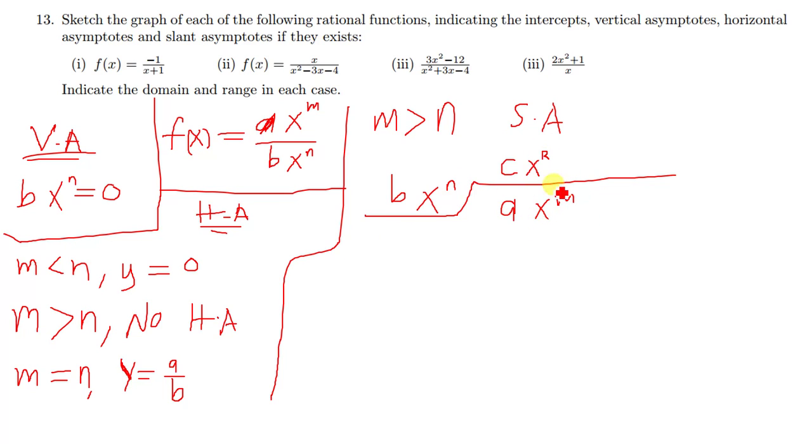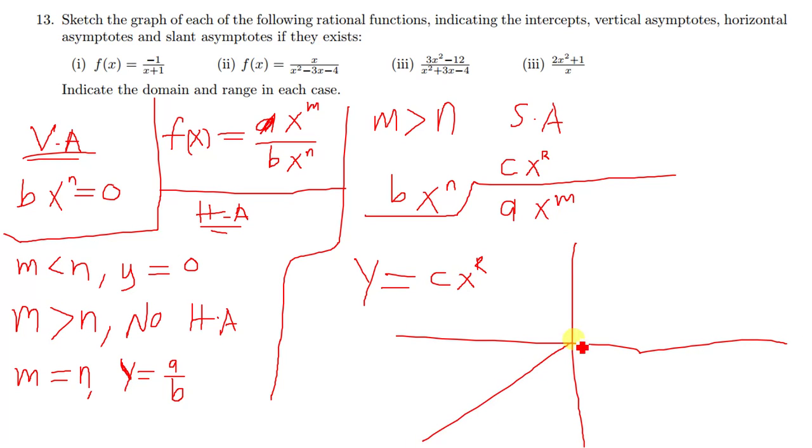So the slant asymptote is simply this part, which is the quotient, cx to the power r. That is the slant asymptote. When it comes to sketching, since it's slant, these are the curves that you see. Maybe they are somehow like this, and then you have something like that and something like that.